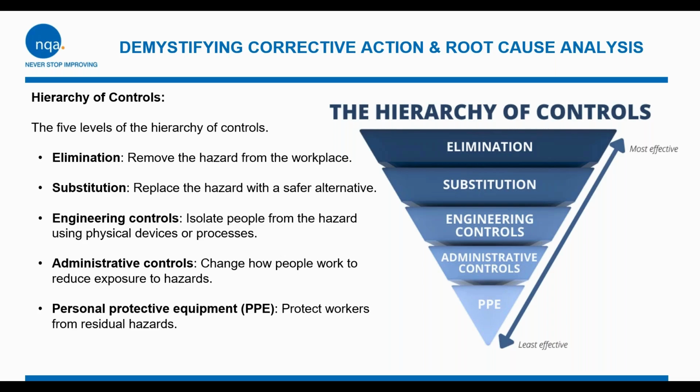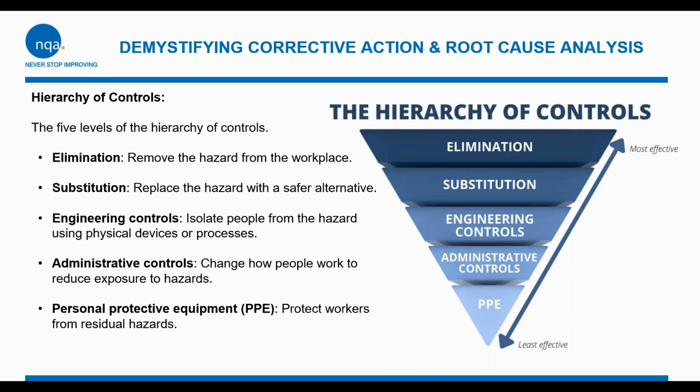The third control is engineering, so we can isolate the people from the hazard using physical devices or processes. And then in fourth, we have administrative controls, where we change how people work to reduce exposure to hazards.